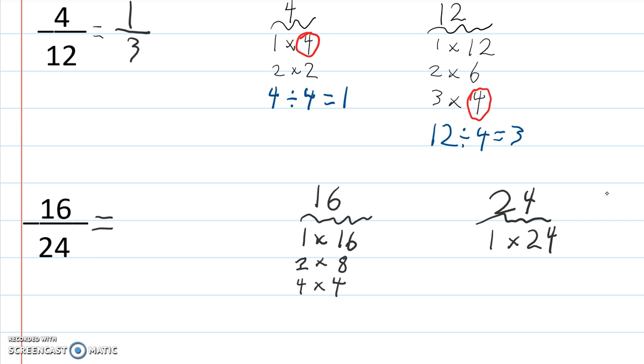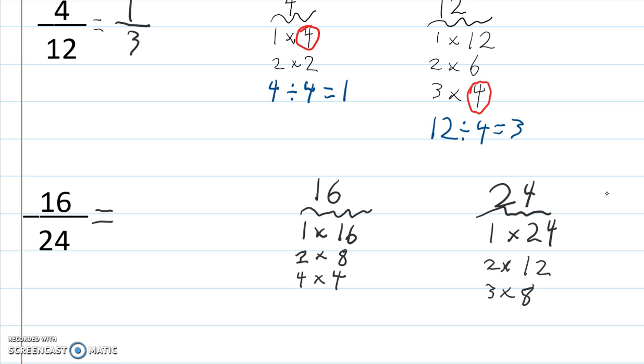We're going to go on to the 24s. 2 times what equals 24? 12. 3. 3 times 8 equals 24. 4 times 6 equals 24.